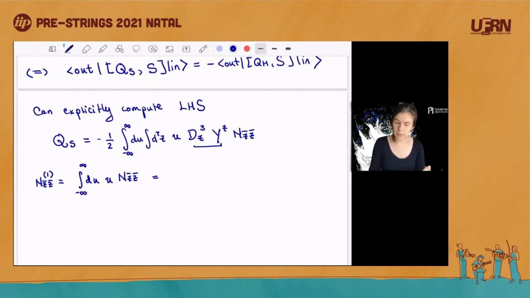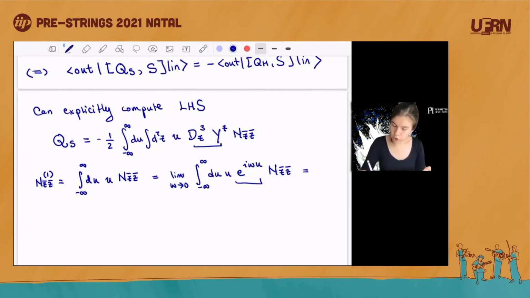How do we see this? One way to see this is to notice that this integral is nothing but the limit as omega goes to 0 of an integral from minus infinity to infinity of du u e to the I omega u and z bar. Here I'm manually inserting this factor. I'm taking the limit as omega goes to 0, so this is trivially equivalent to this expression.